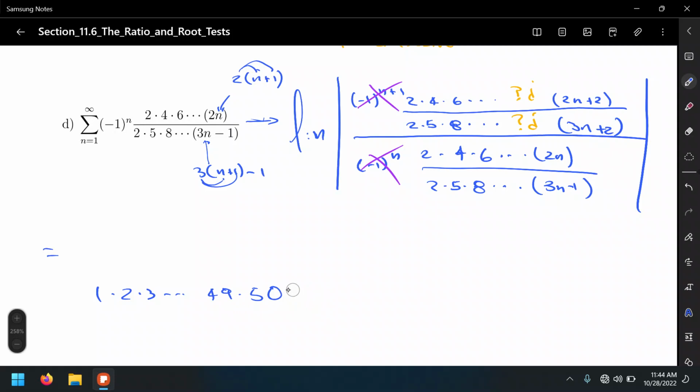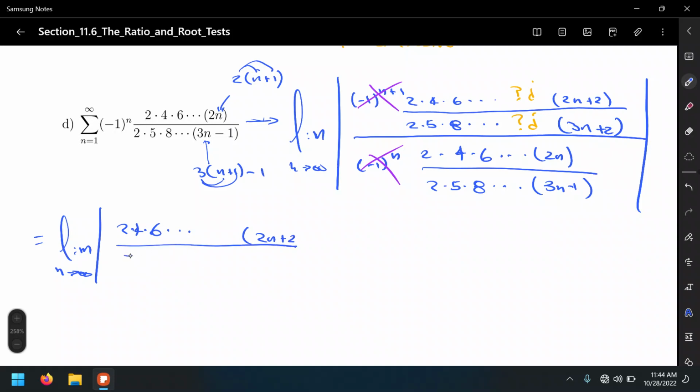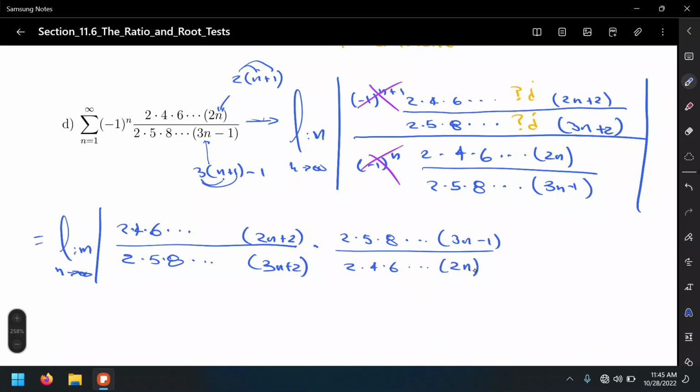So in this case, the limit as n approaches infinity of 2, 4, 6, dot dot dot, 2n plus 2 over 2, 5, 8, dot dot dot, 3n plus 2, times the reciprocal of this madness in the denominator, that is 2, 5, 8, dot dot dot, 3n minus 1 over 2, 4, 6, dot dot dot, 2n. So the idea is to cancel factors.